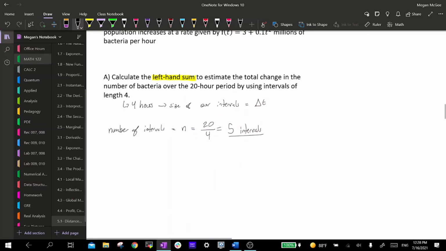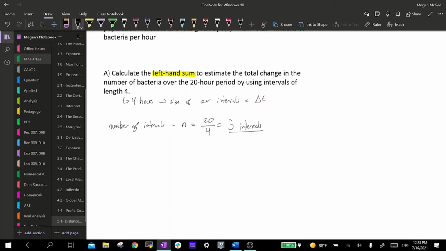Alright, so let's go ahead and set up a table here. So we have our t values, and then we have our rate values. Okay? So our t values start at 0. And they're going to increase by 4. So we have 0 to 4, to 8, to 12, to 16, and they go up to 20 hours.